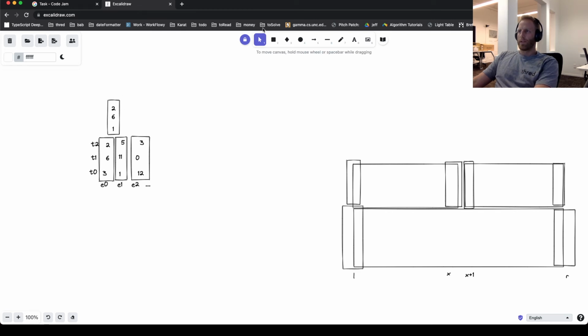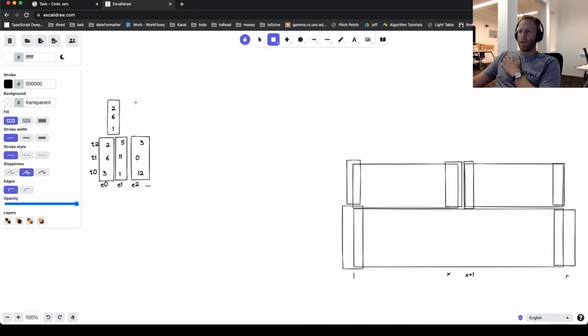And then we can do something similar to find out what's in common between E1 and E2, and then something similar between these two, and this will be what's in common between E0, E1, and E2. So you can build up this pyramid. I guess it's similar to how Pascal's triangle works.